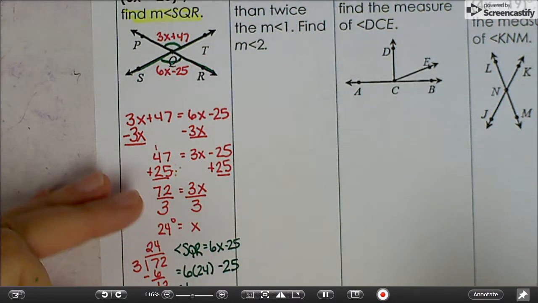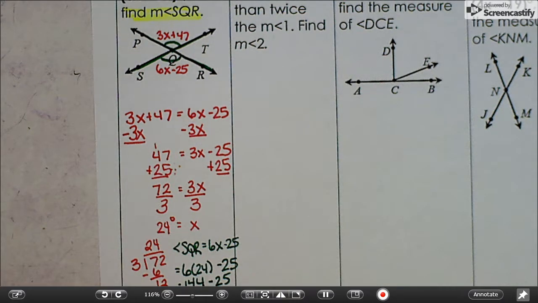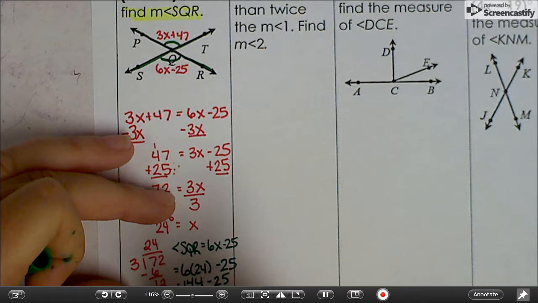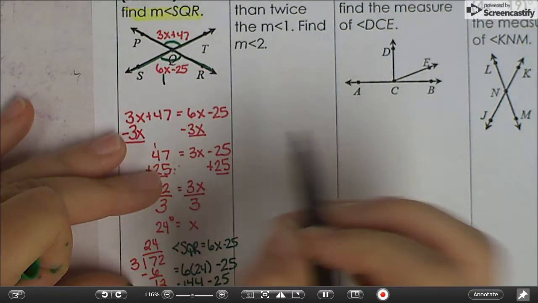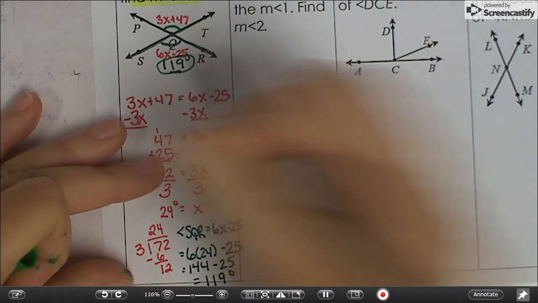No. Yes. And then 144 minus 25 is 119 degrees. So this angle up here is 119 degrees.